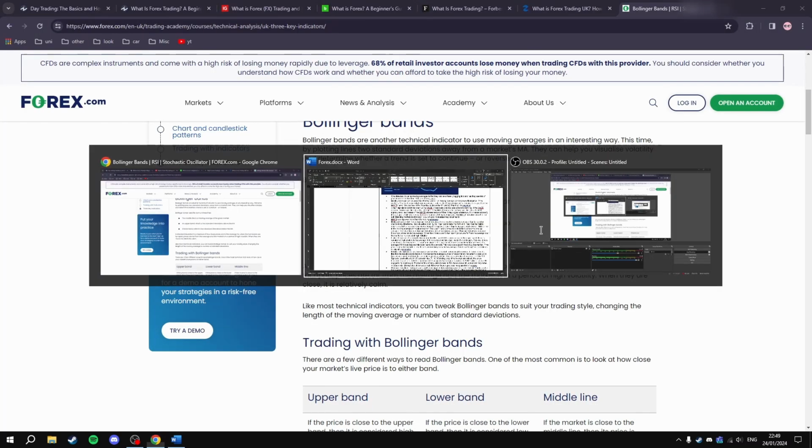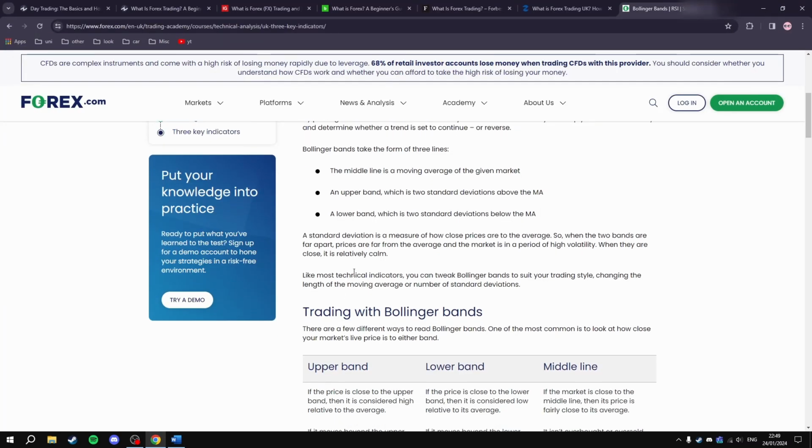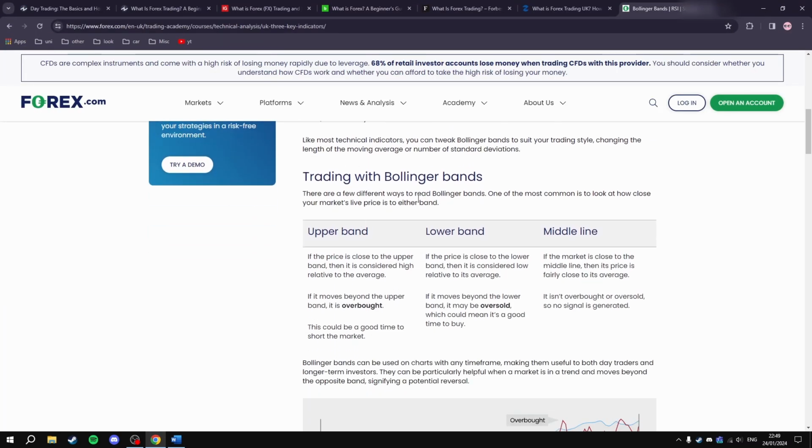When they are close, it is relatively calm. Okay, so that's that. Trading with Bollinger Bands.